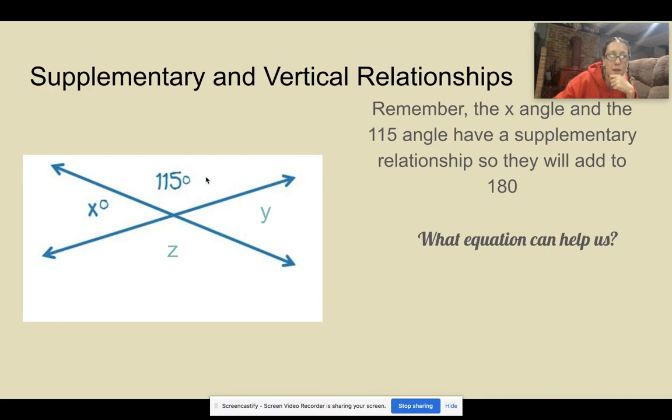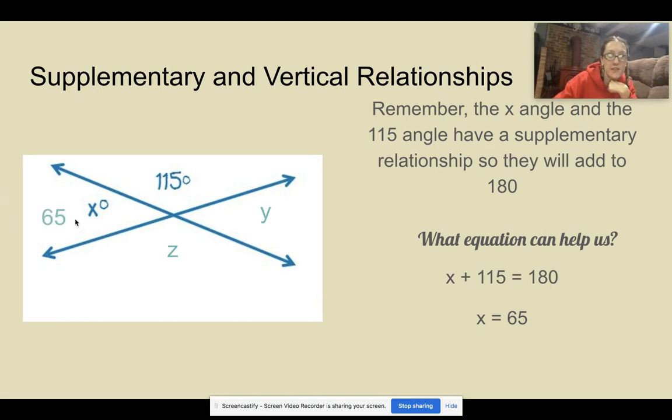Because they form that beautiful straight line there. So these are going to add to 180. So what equation can help us? Well, X plus 115 is equal to 180. And then that means that X is equal to 65.